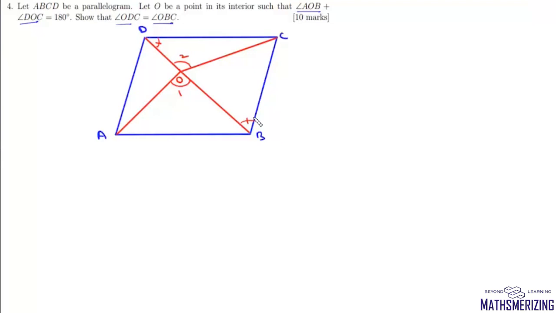And in this question, what we'll do is we'll do some construction. So this line is parallel to OD, and then from B we'll draw a line which is parallel to OC. So they intersect at this point P, and this OP is parallel to BC.